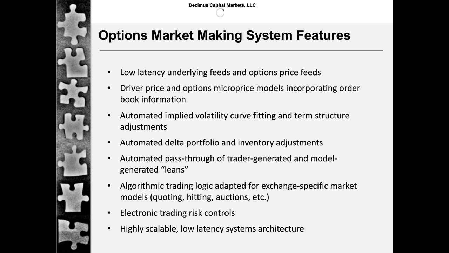Like I may think a security, an option, is mispriced versus the market, but I may have too much risk on, or the future may have ticked in a direction which I have a model that would pass through that market level future signal, and so if I do the trade now, it's going to go against me in the next 5 milliseconds or something like that.